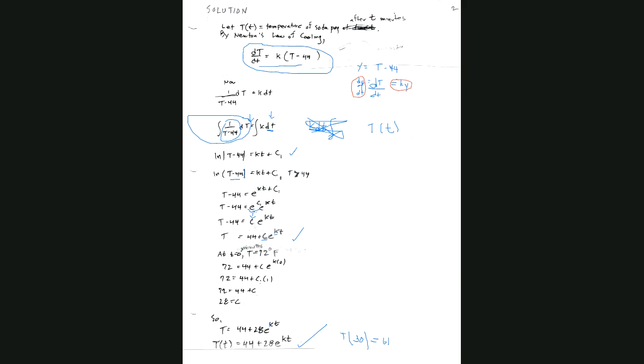Okay, let's go to the next page. 61 is then equal to 44 plus 28 times e to the k times 30.